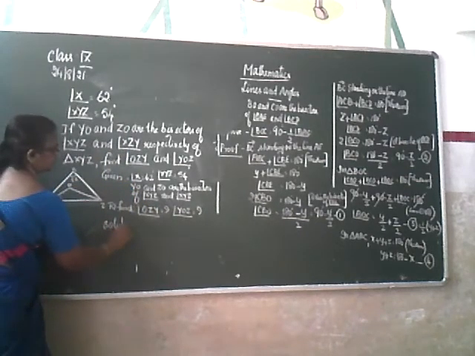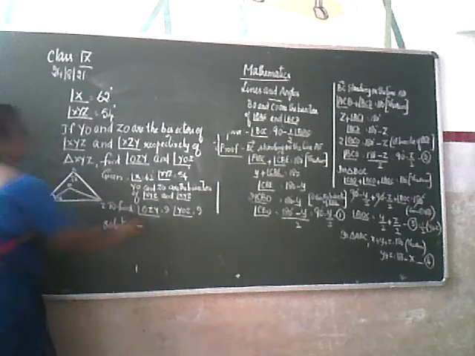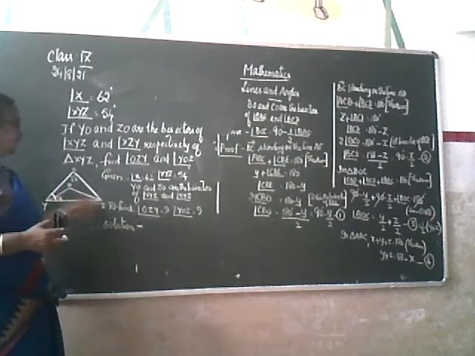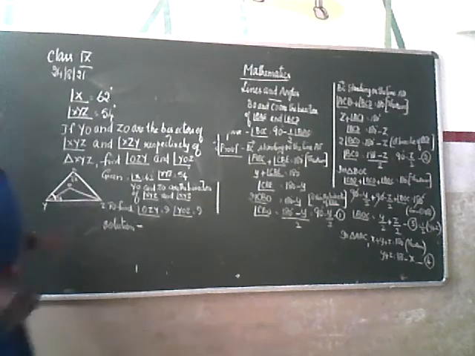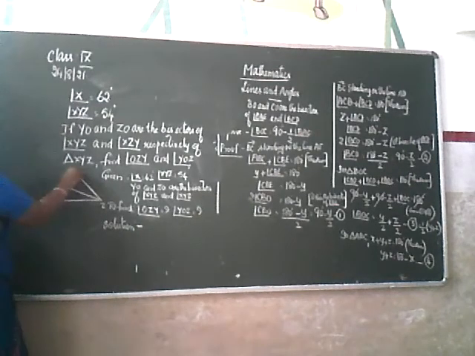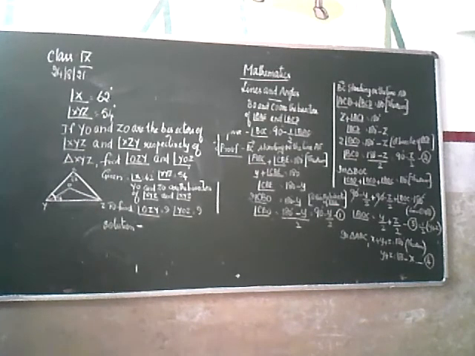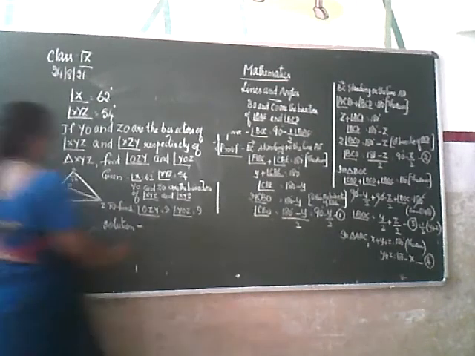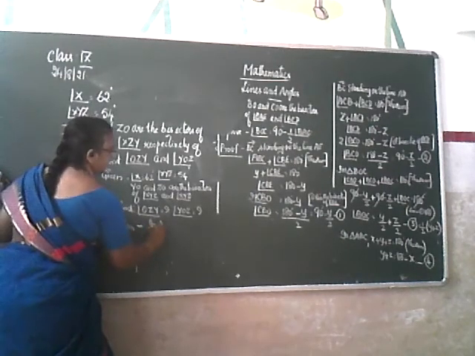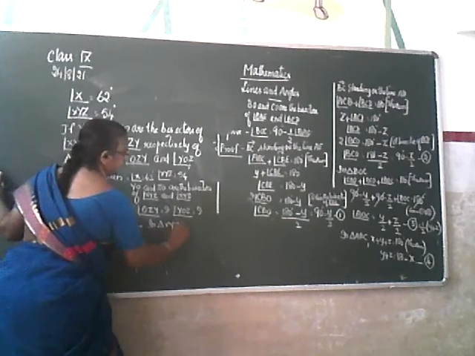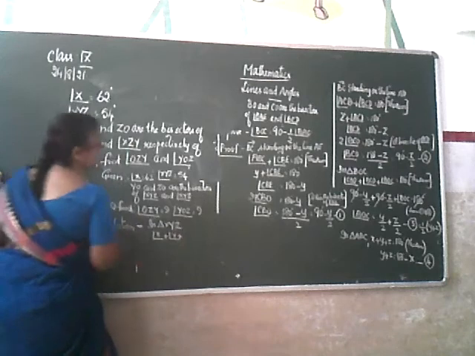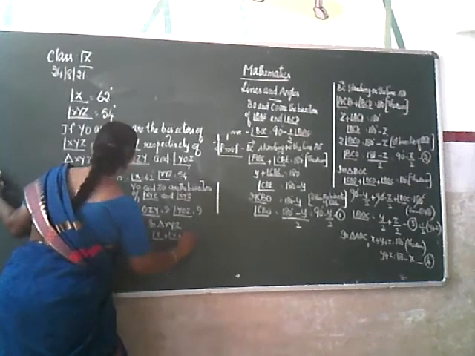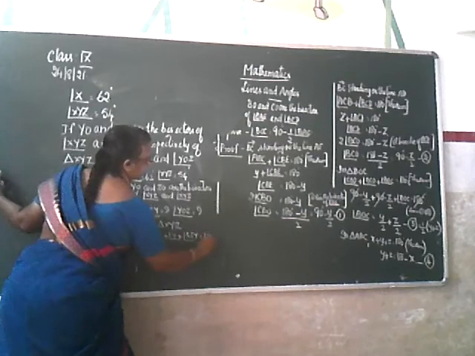So find the solution first. So here he is asking OZY and YOZ. So in the question it is given X and Y. Can I find Z? Yes, because sum of the angles of a triangle is 180 degree. So in triangle XYZ, I can say angle X plus angle Y plus angle Z, that is XZY, is 180.